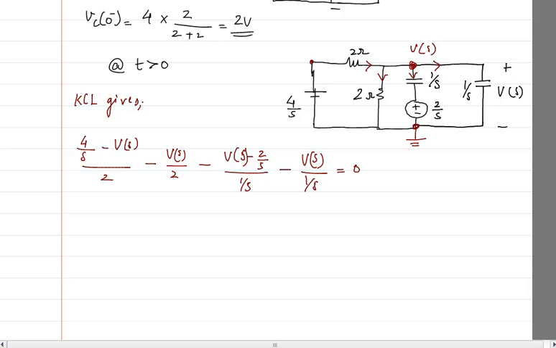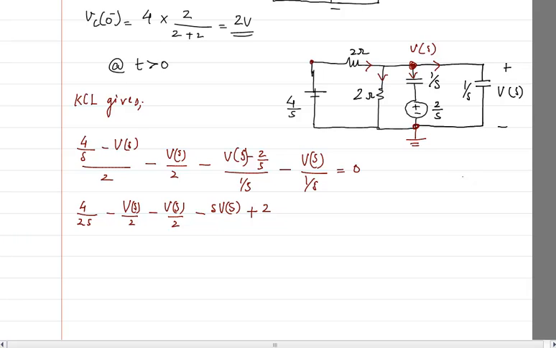From which, let me simplify this. This is going to be 4 by 2S, minus Vs by 2, again minus Vs by 2, minus S V of S, plus 2. 2 by S divided by 1 by S is going to give me 2.